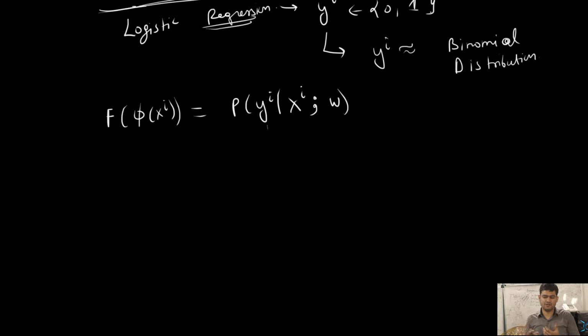The y's can have different meanings and different interpretations. For example, if you consider an image classification problem, the goal is to know whether a particular image has a particular class of obstacle or not. If that obstacle is present, then the label can be 0, and if the obstacle is absent, then the label can be 1.